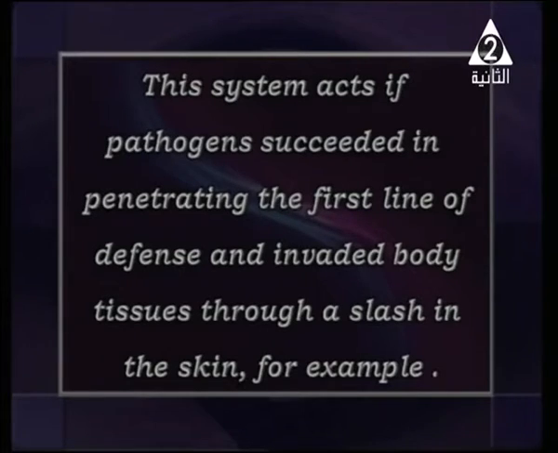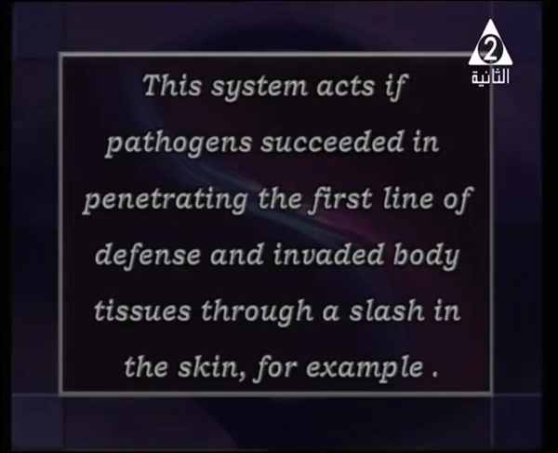We have a group of tissues and systems that have the ability to prevent the pathogen from entering our bodies. But what happens if the pathogen succeeded in entering our body and penetrating the cells of the host? The second line of defense starts to work at this time.